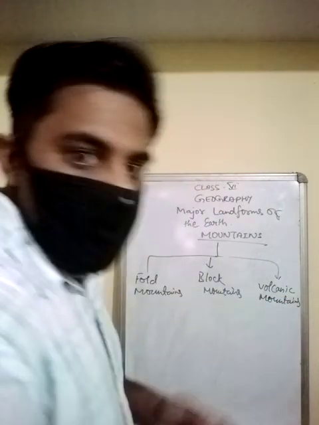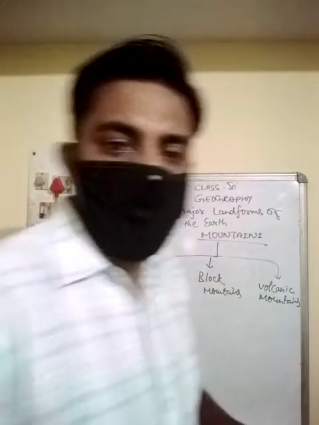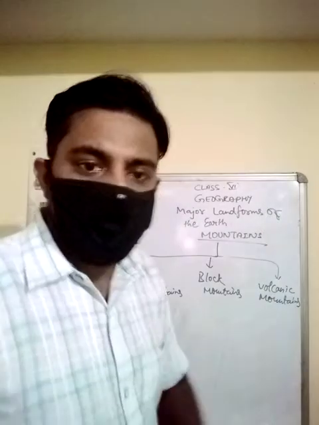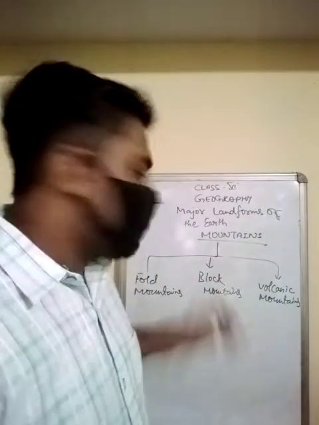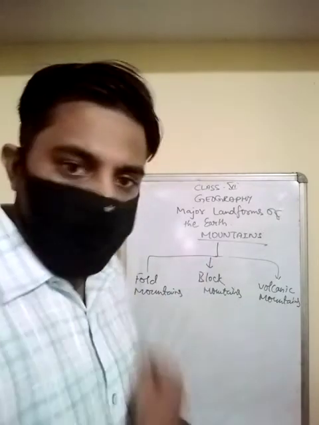Fold mountains and block mountains we already covered in our previous chapter. The new thing we'll be learning here is volcanic mountain, but we will revise both fold mountains and block mountains. So the first type of mountain is fold mountains.